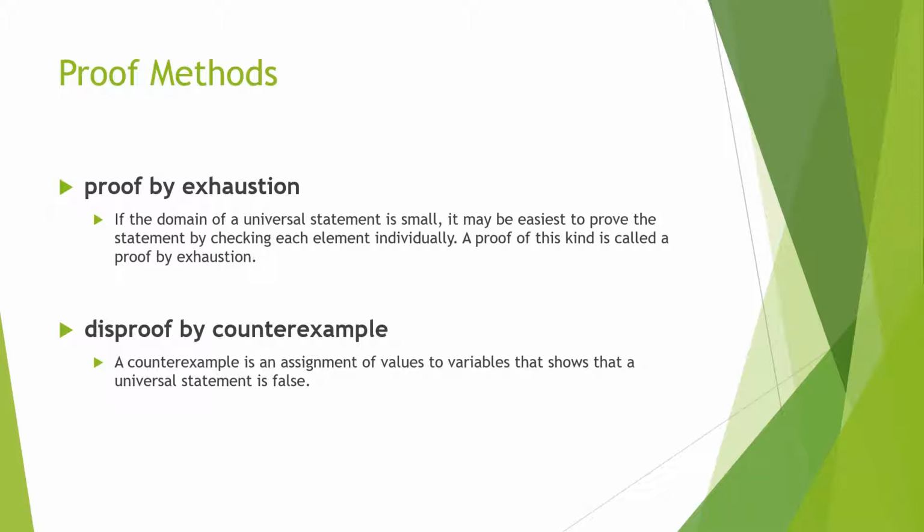So if you replace the variable of that statement with a value that makes the predicate false, the conclusion is that the universal statement is false, and it cannot be true because it is false for at least one element in the domain.